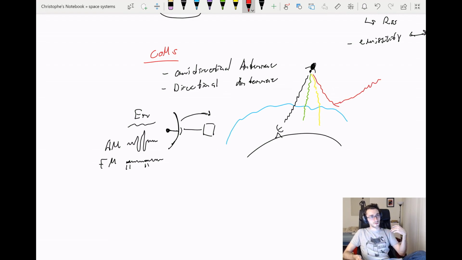So depending on what kind of frequencies you're using, you want to make sure that you have good ground attenuation if you're communicating to ground, and you aren't losing a lot of your signal.